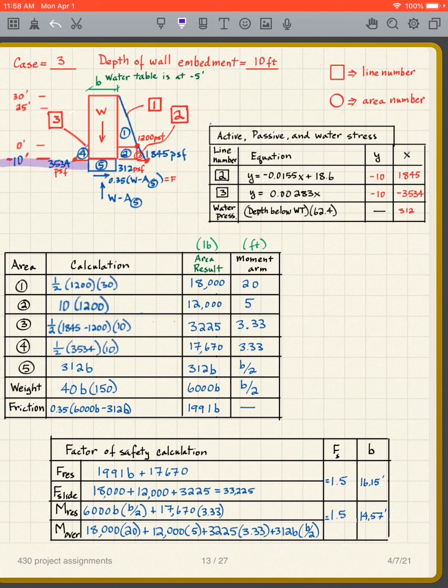So here my y value is -10, so I put in y of -10 to get these 2 points. For the active region, line number 2 gives me, when I put y equals -10 there, I solve for x, I get x equals 1845. So that gives me that number there.